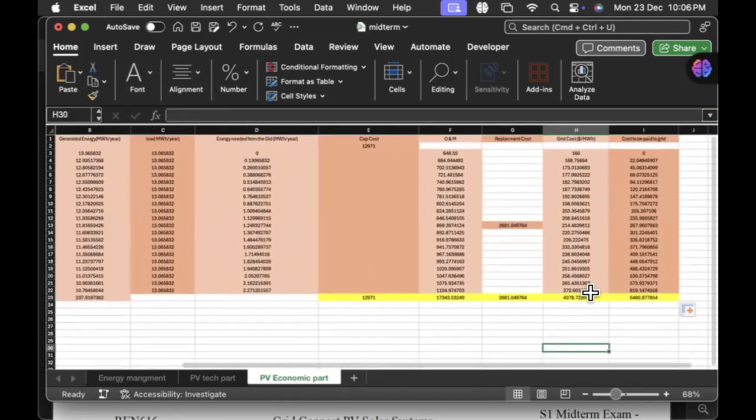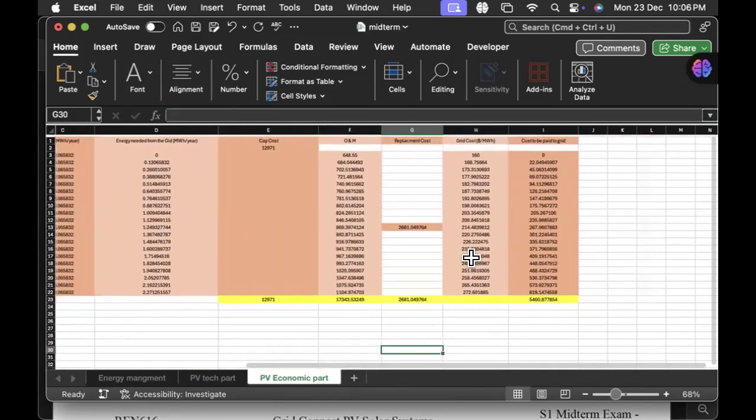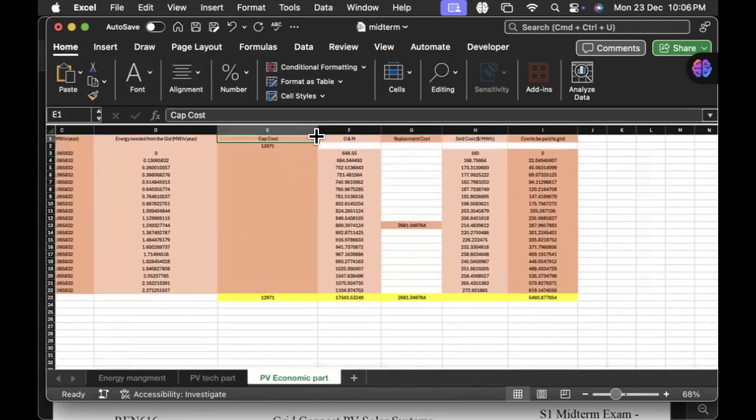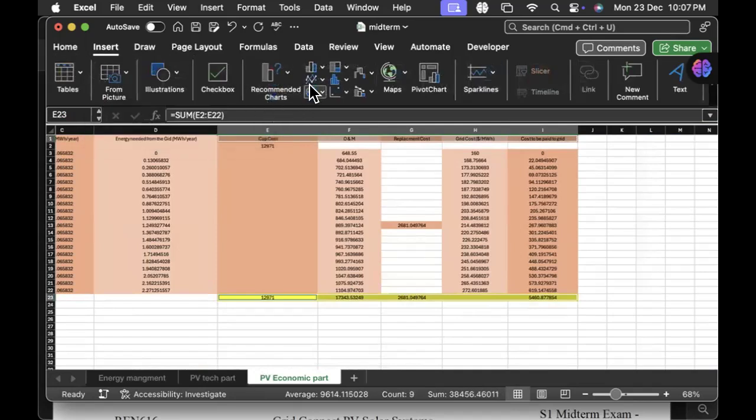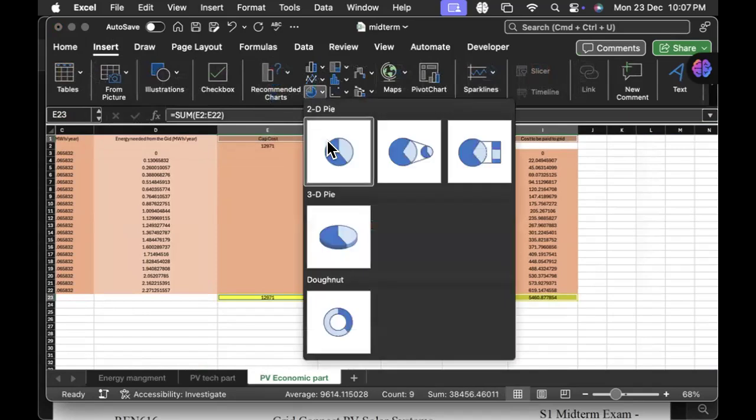Of course, we don't need this number. So these are the 4 portions: the capital cost, operation and maintenance cost, replacement cost, and the cost for the electricity coming from the grid. So maybe we can make it like that, and we can go to insert, and let's do it in the form of a pie chart, for example.